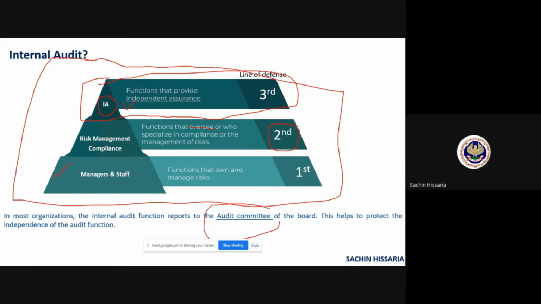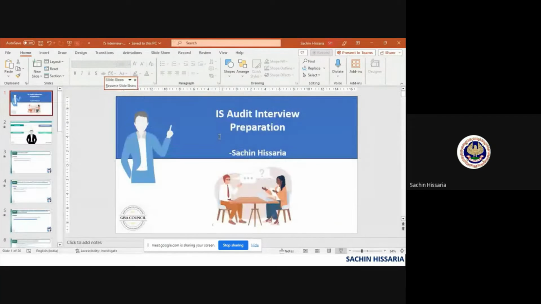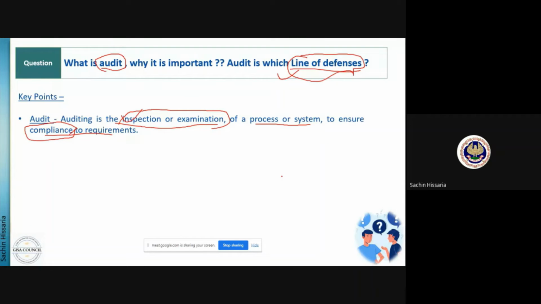So while giving this answer, we should know this line of defense concept. You need to answer that in every organization there are three lines of defense, internal auditing is the third line of defense, and external auditing is over and above these three lines of defense.